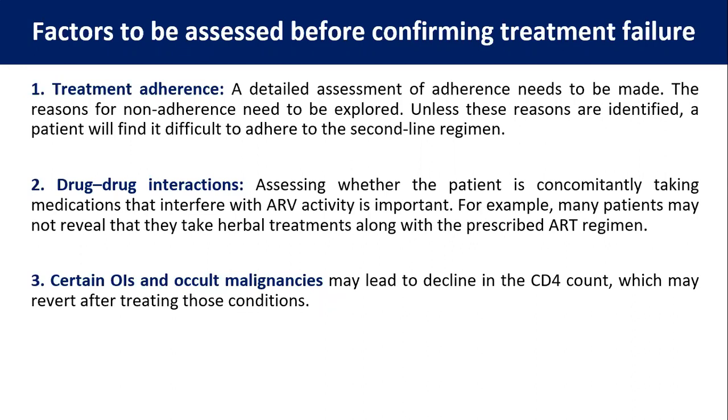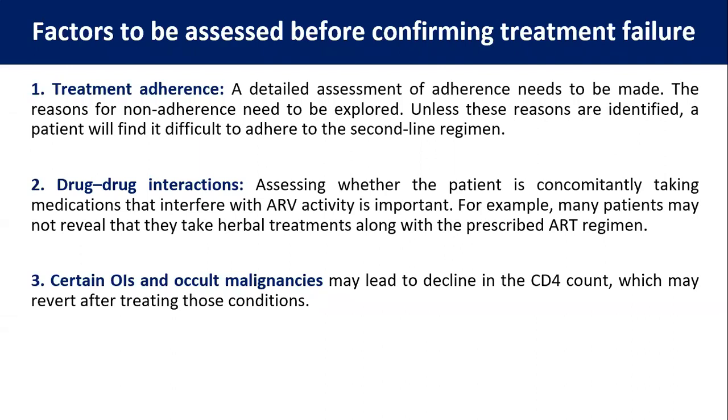So we need to know about this drug-drug interaction, and if any such interaction is present, with drugs which the patient needs to take for other diseases, then we may either change the anti-epileptic drug to a non-enzyme-inducing one, or we may adjust the dose of the ART regimen so that the patient doesn't fail again on the new ART regimen.